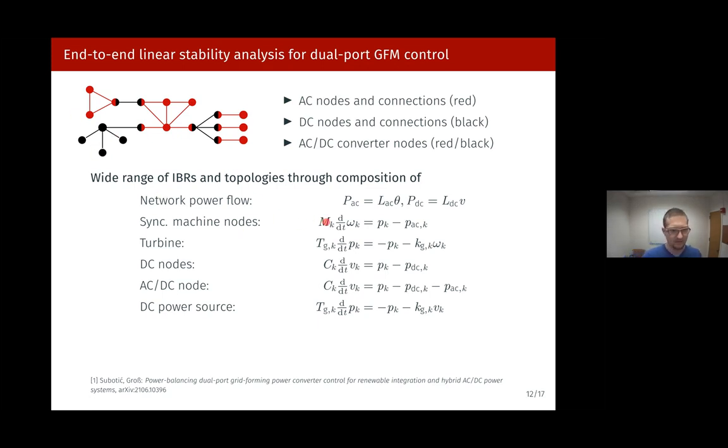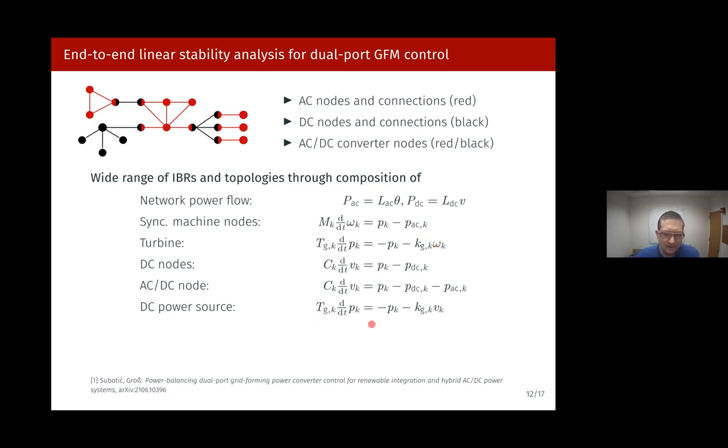And then we have simplified synchronous machine models, turbine governor models, DC node charge equations. For the converter nodes, it's basically the DC link or internal energy storage that you keep as a state. And then we also have DC power sources. And the crucial ingredient here is that we have this approximate power source model, which basically has the characteristics, for instance, here for a turbine, where it's a low pass filter, and then here you have the governor gain.